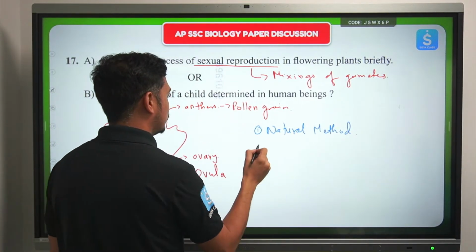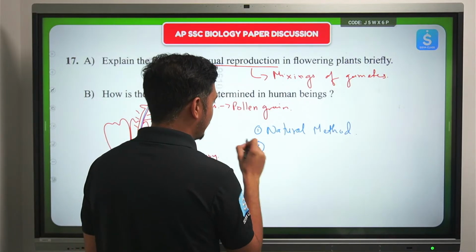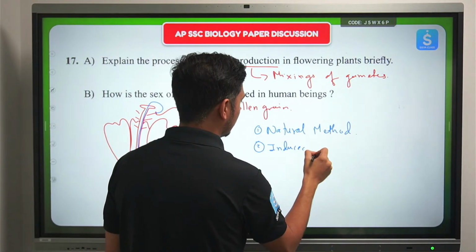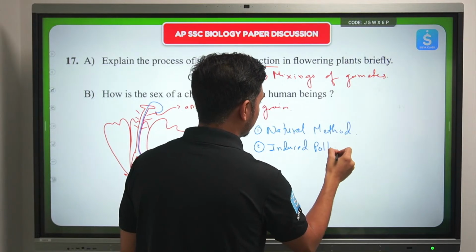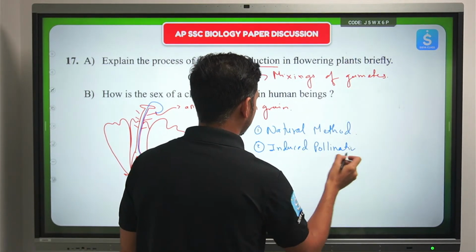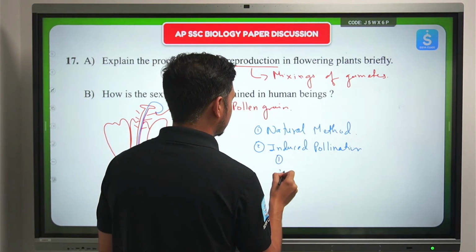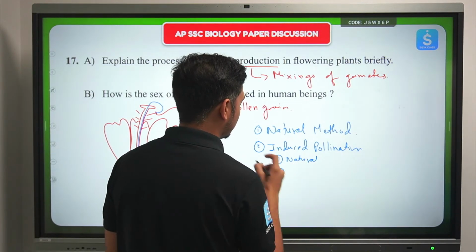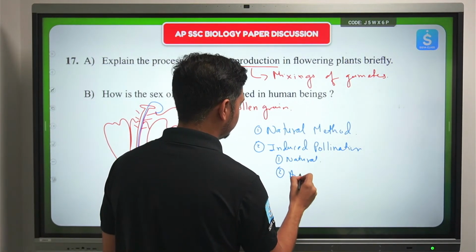Now the second one is induced pollination. This induced pollination actually takes place by two different methods. One is natural and the other one is artificial.